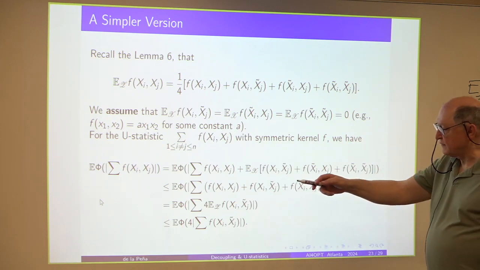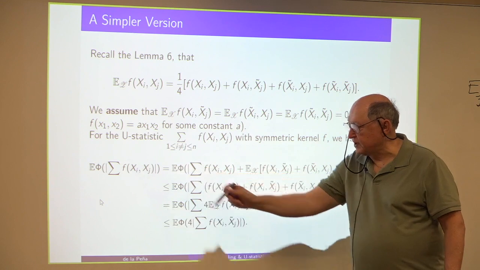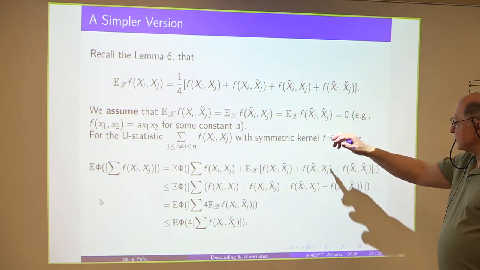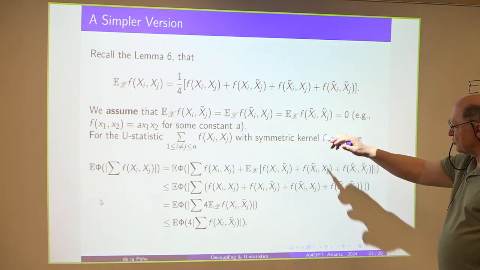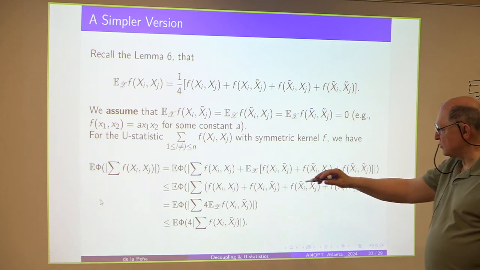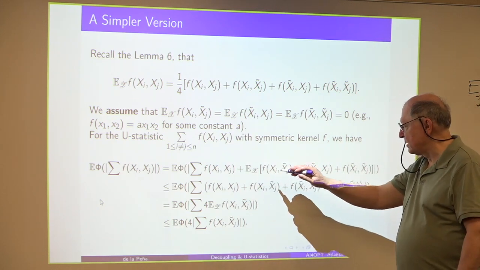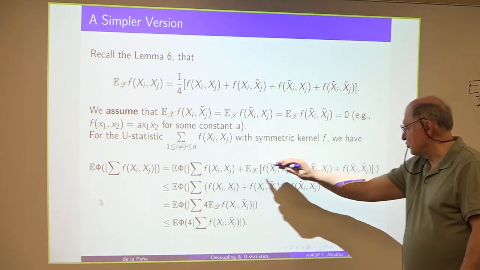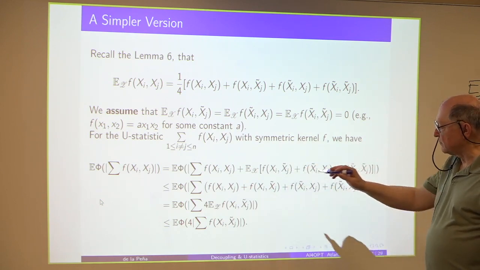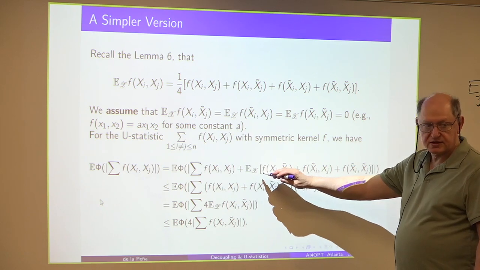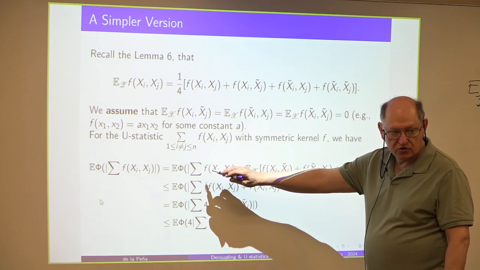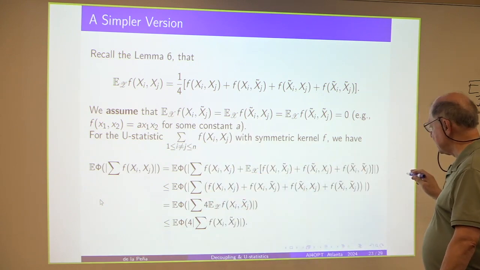So here we have the expected value of the undecoupled sum, and because the conditional expectations are 0, this expectation is equal to this. And then I am conditioning on the x's, so I can take this conditional expectation outside here, and I have the same thing.